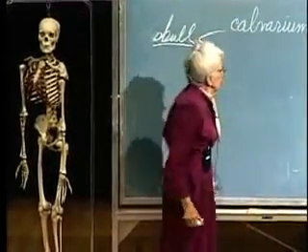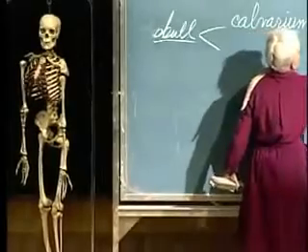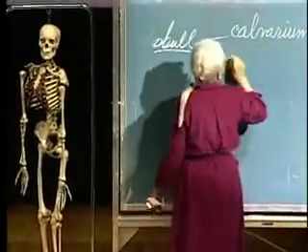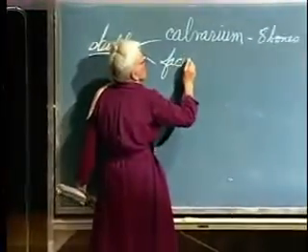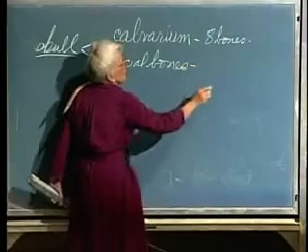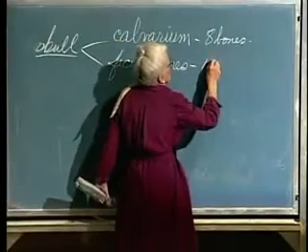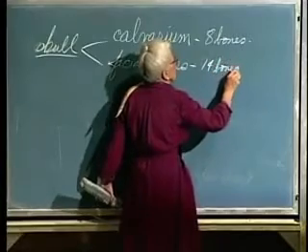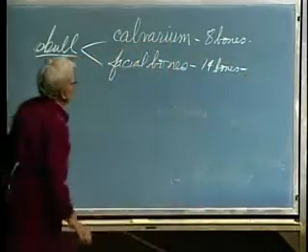The calvarium has some 8 bones. And then we have the facial bones, where we have about 14 to 15 bones. We'll see how many we add up as we go along.